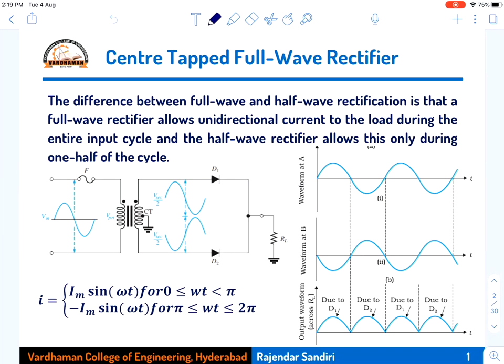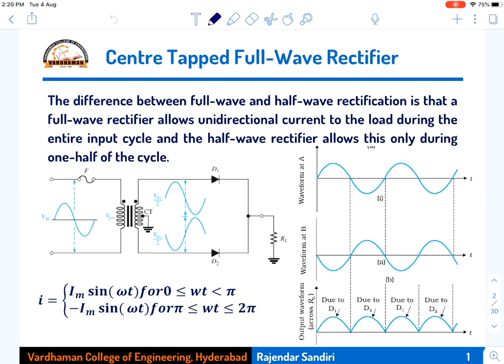And the circuit diagram of the full wave rectifier, which is center tapped full wave rectifier, is like this, which has got a transformer, but the transformer is a center tapped transformer. Center tapped is nothing but the center of the secondary winding being connected to the ground. That's what we call a center tapped. So then the secondary winding is actually divided into two separate windings divided by that center tap.